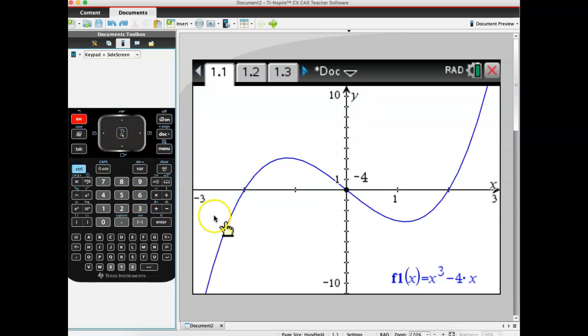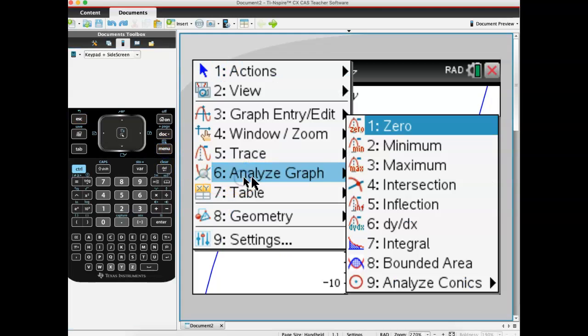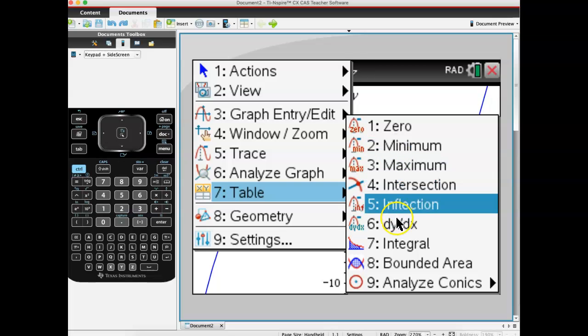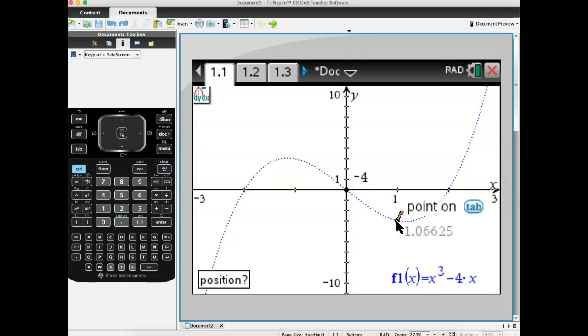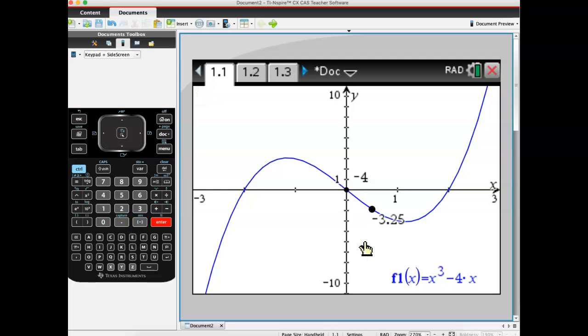Go back. Menu, analyze, dy dx, and I want my position at 0.5. That's my problem. I got to do 0.5.